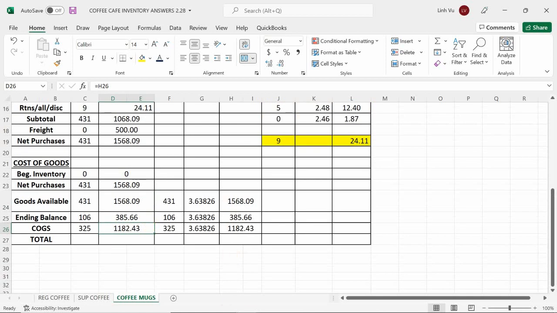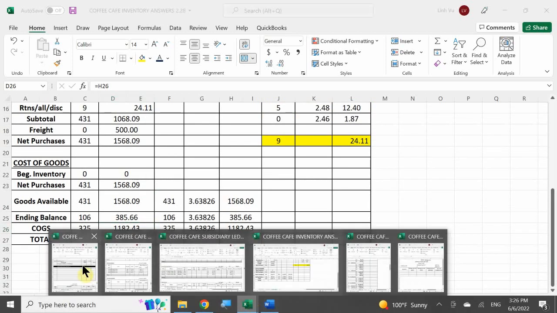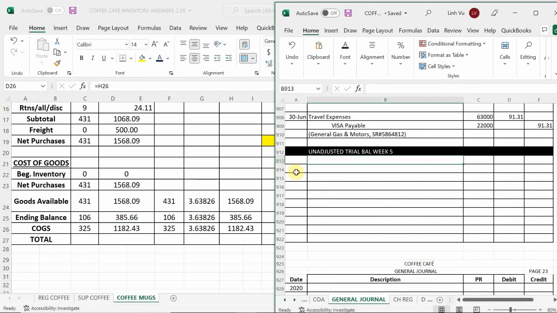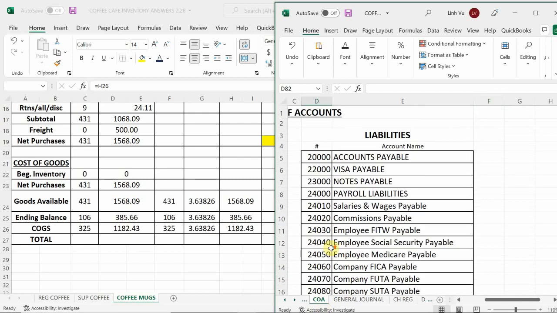The first thing we need to recognize is our inventory. What was the item we have for the inventory? It's the ceramic coffee mugs. That's what the periodic purchases were for.